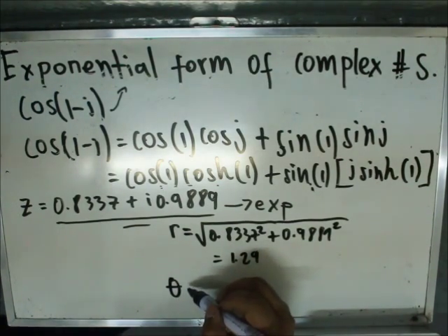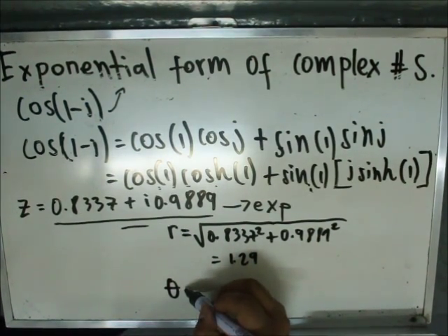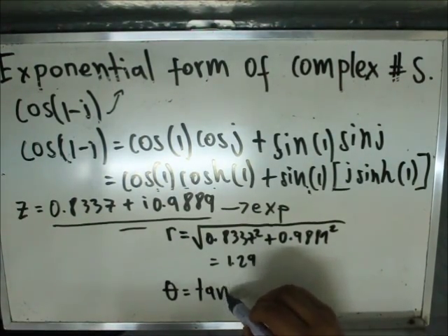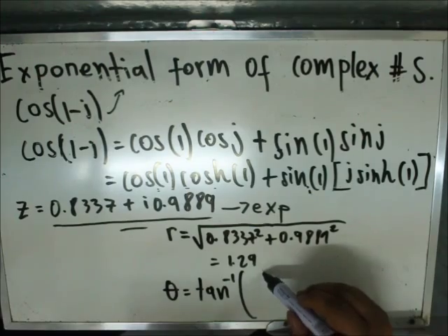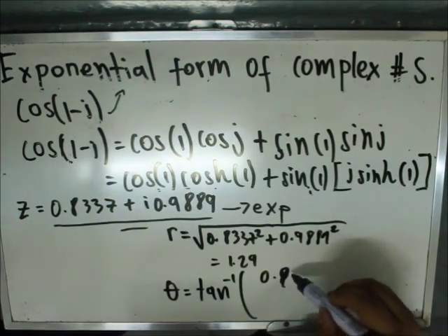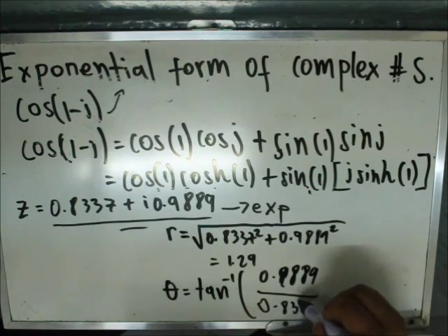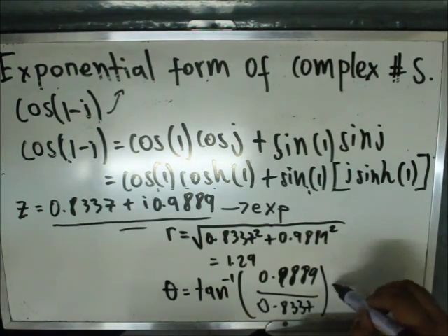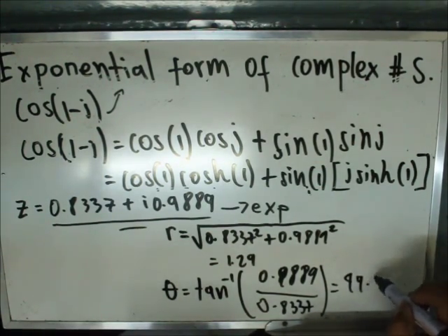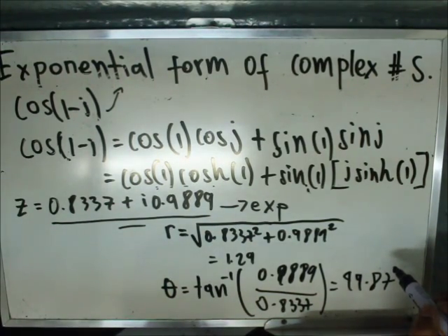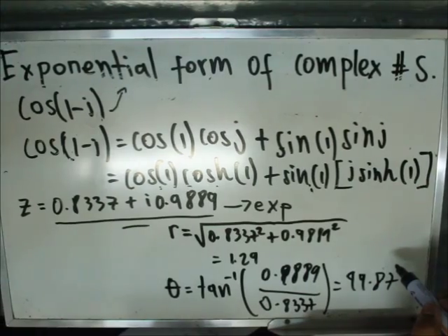Then to get theta, theta is equal to inverse tangent of 0.9889 over 0.8337. It will result in an angle of 49.87 degrees. Always remember that the theta in the exponential form of complex numbers is in radians.